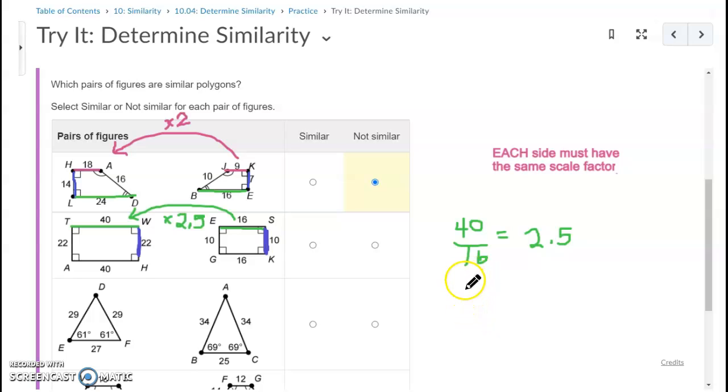What do I get when I divide 22 by 10? Well, 22 divided by 10, if you need a calculator, you can check that, but it's not 2.5, it's actually 2.2. And so since it's not the same scale factor that I would multiply 10 by to get to this side, those two are also not similar. So those ones are not similar. I'm going to go ahead and clear the screen and scroll down to do the rest of them.